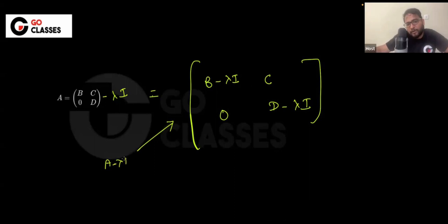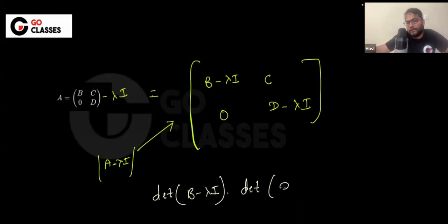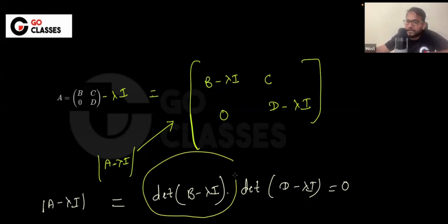Now, if we want to find out the determinant of A minus lambda I, then what will the determinant be? It will be determinant of B minus lambda I into determinant of D minus lambda I. So basically, determinant of A minus lambda I is coming like this, right? Now, whatever is the eigenvalue of B, it will satisfy that determinant of B minus lambda I must be 0.